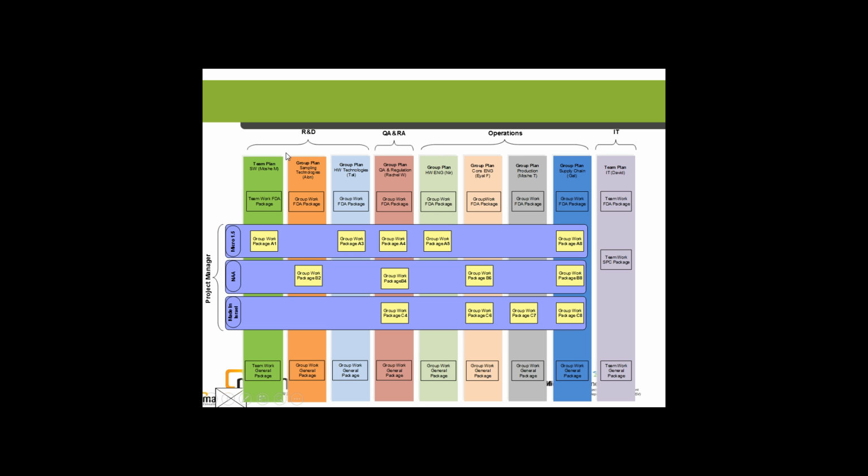So this looks complicated at first sight, so just bear with me. Each square here actually represents a project file. For each team, every team had a different project file for each project they are working on.